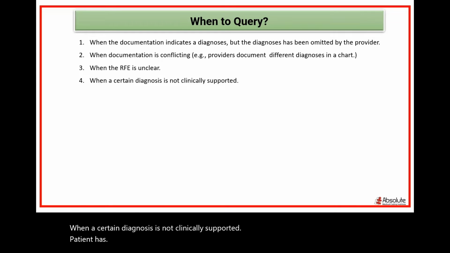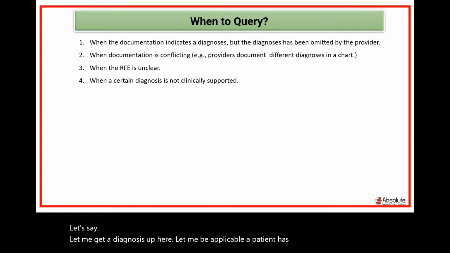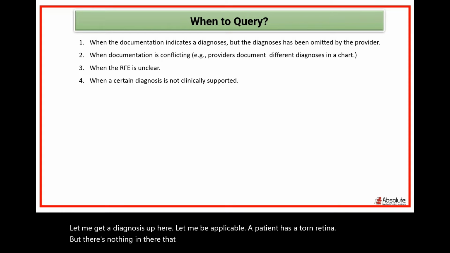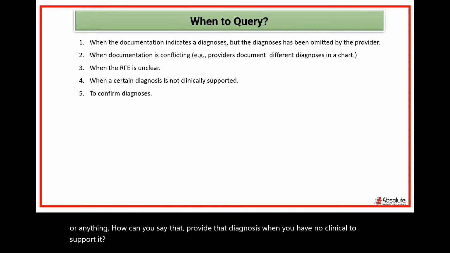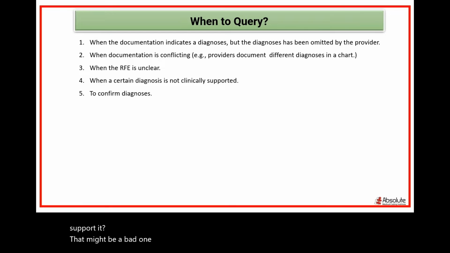Let's say a patient has a torn retina, but there's nothing in there that says that they took a test or they looked in the patient's eye or anything. How can you provide that diagnosis when you have no clinical to support it? That might be a bad one, but it's one that I grabbed.